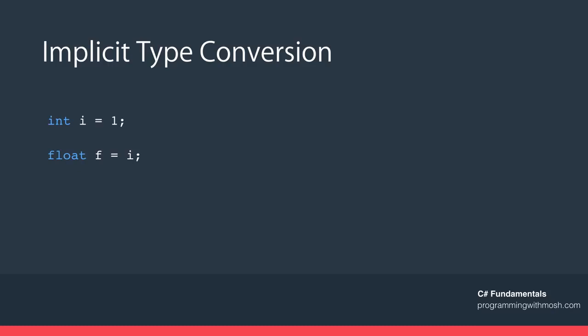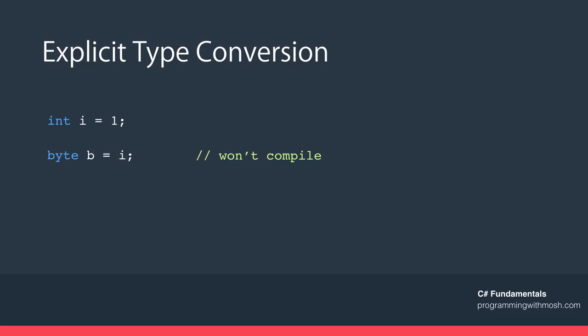Here's another example of implicit type conversion. We have an integer, set it to 1, and we copy that to a float. Again, in this example, no data loss will happen. But let's take a look at this one. Here we have declared an integer, and we're trying to copy that to a byte. An integer is 4 bytes. So when we convert that to a byte, 3 bytes out of 4 bytes will be gone, and there is a chance for data loss.